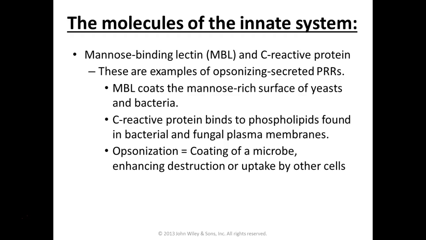So these are examples of opsonizing, right? There's that term I used. Secreted pattern recognition receptors. So we're actually secreting them, right? And they're binding. So in the case of mannose binding lectin, it coats mannose-rich surface of yeast and bacterial cells. So as we saw in that picture, it actually binds to the surface of the bacteria, to the mannose.